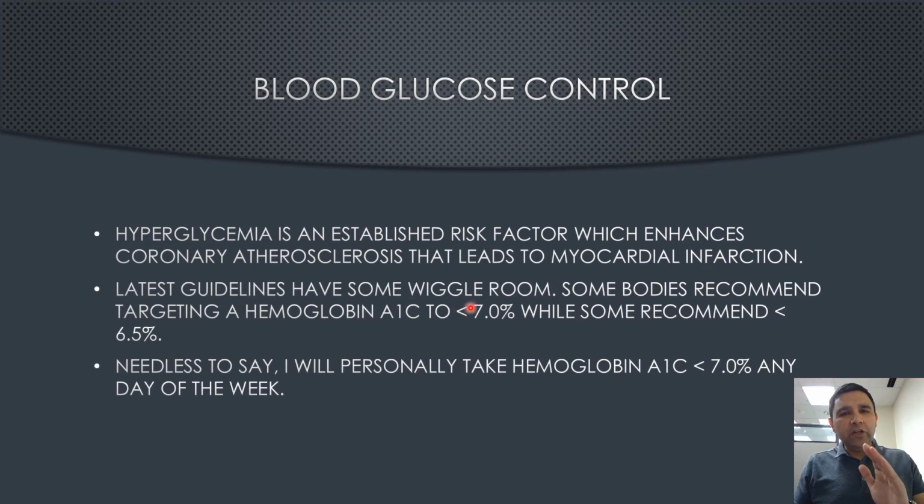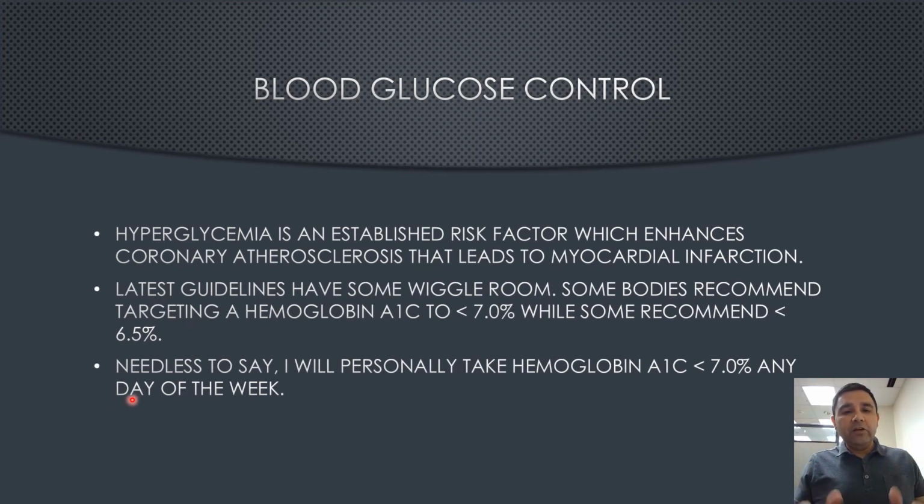There is some wiggle room in them. Some of the bodies recommend that you can target a hemoglobin A1C of less than 7.0, like the American College of Cardiology. But some other bodies recommend that you should be targeting less than 6.5, mostly the American Association of Clinical Endocrinology.